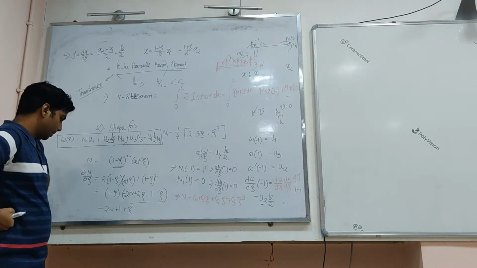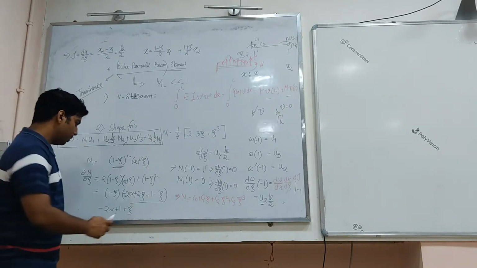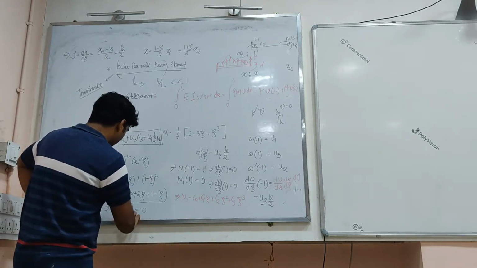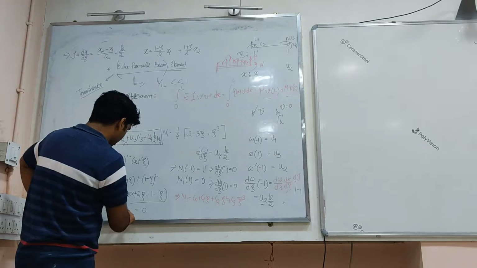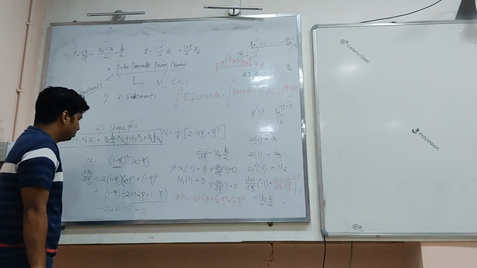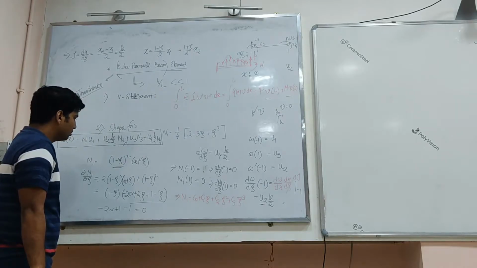Then the right hand side part has to be 0. So this is 0, and this one should be minus 1. But then alpha should be 0. That is not the situation.